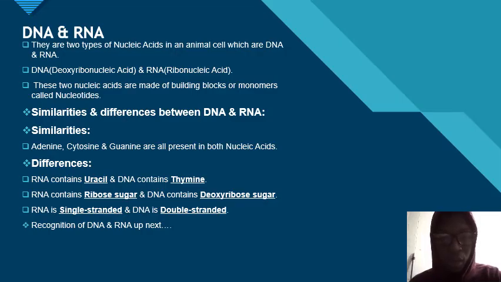There are two types of nucleic acids in an animal cell, which are DNA and RNA.